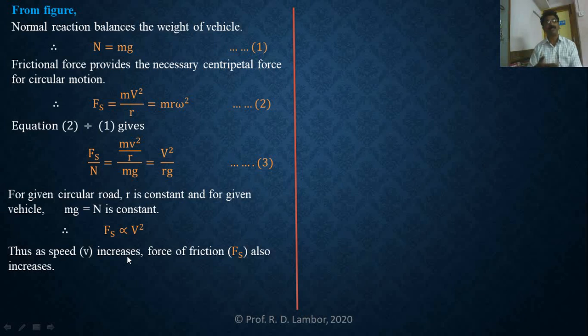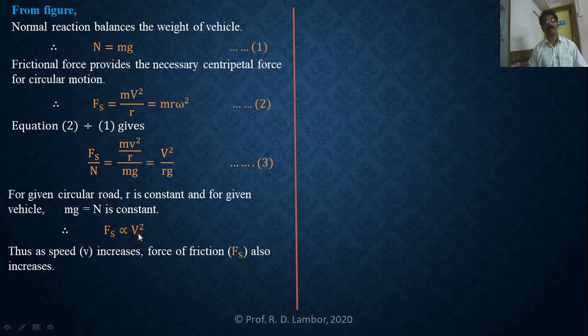Frictional force increases, but not forever, up to a certain limit only. Up to a certain maximum limit it can increase, and then afterwards its value will not increase, its value decreases. That time there is kinetic friction.